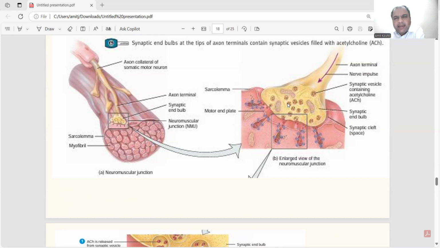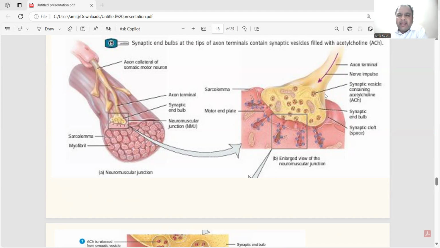is that these synaptic end bulbs encompass many vesicles. These are called the synaptic vesicles. Again, I am repeating: the neuron has got the cyton. From the cyton there is the axon, and the axon radiates out many axon terminals, and these axon terminals radiate out many synaptic end bulbs.